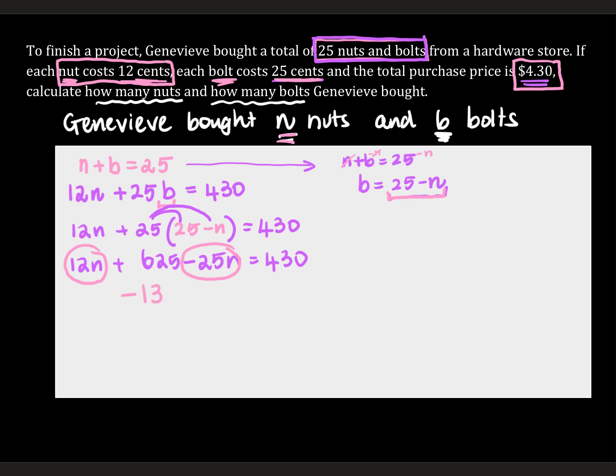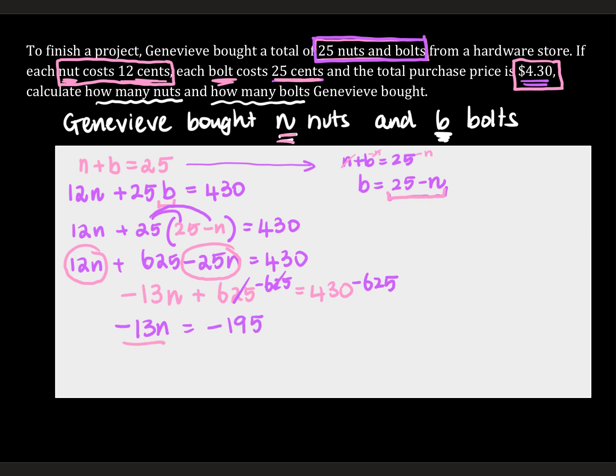So minus 13N plus 625 equals 430. What do I want to do next? Let's take away 625 from both sides. Negative 13N equals 430 minus 625, negative 195.